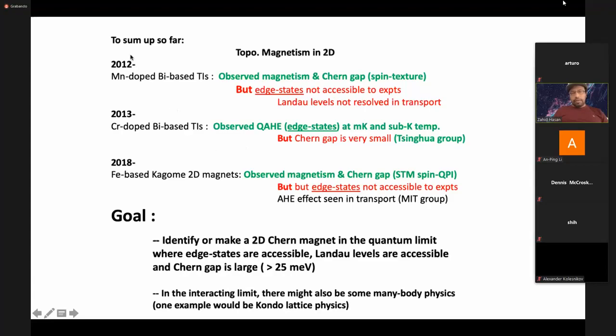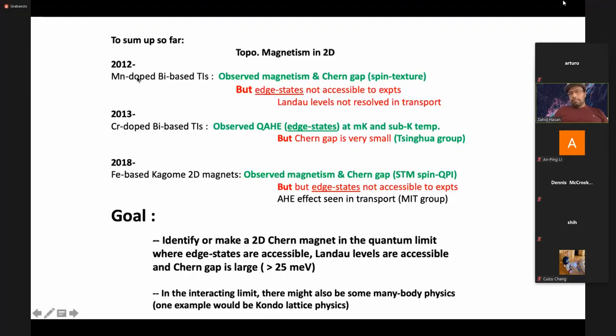In 2012, we demonstrated this Chern gap, but we could not detect edge states or do Landau levels in transport. A year later, Chikun Shui's group at Tsinghua were doing chromium-doped bismuth. They observed the quantum anomalous Hall effect at very low temperature. The gap is very small, and it's hard to do spectroscopy to find out what is going on microscopically there.